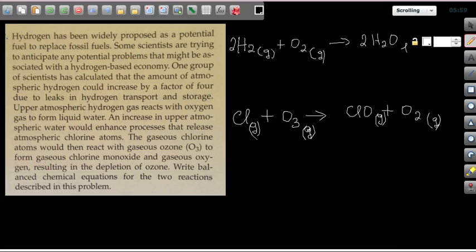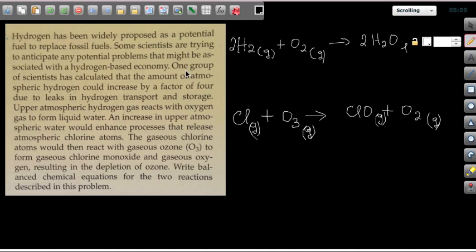So we'll read this problem. Hydrogen gas has been widely proposed as a potential fuel to replace fossil fuels. Some scientists are trying to anticipate any potential problems that might be associated with a hydrogen-based economy.